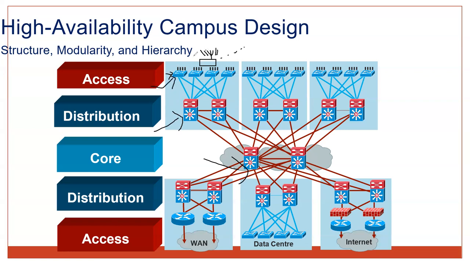Otherwise, someone can create some backdoor, and then from your access layer, they can try to compromise the distribution, and from distribution, they can bypass the distribution, bypass the core, and somehow reach the data center servers. Right. So these security measures are also very important.